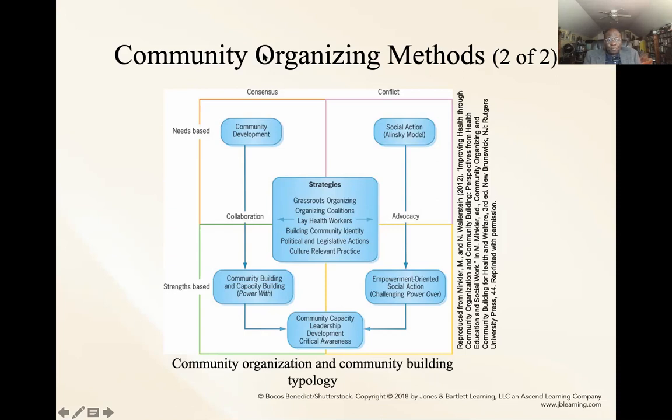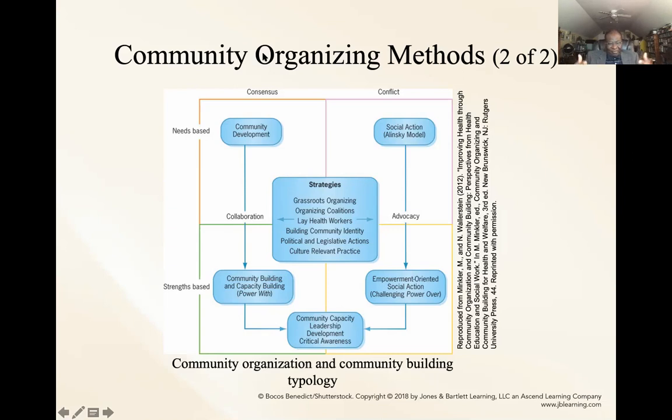So community capacity, from there you start selecting leadership development, because again, as with any organization, first you try to get people that are interested in taking part in building that community. And once you've seen people that are interested within that group, leadership will arise.